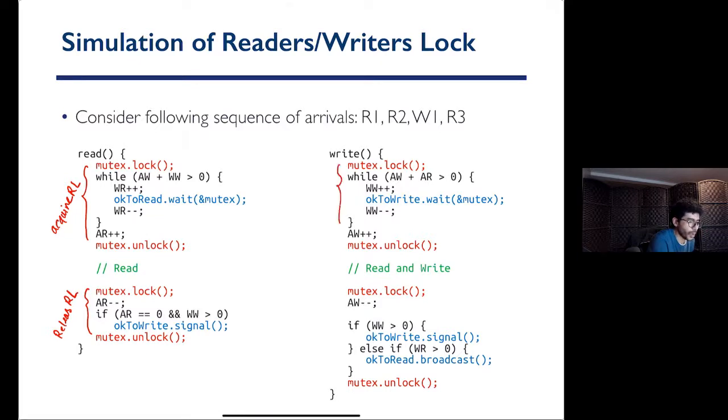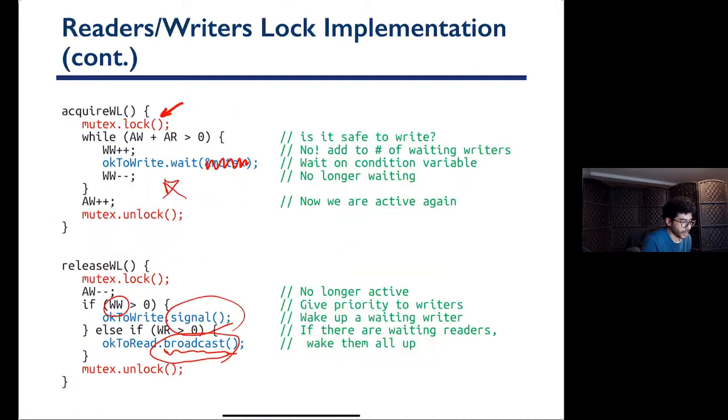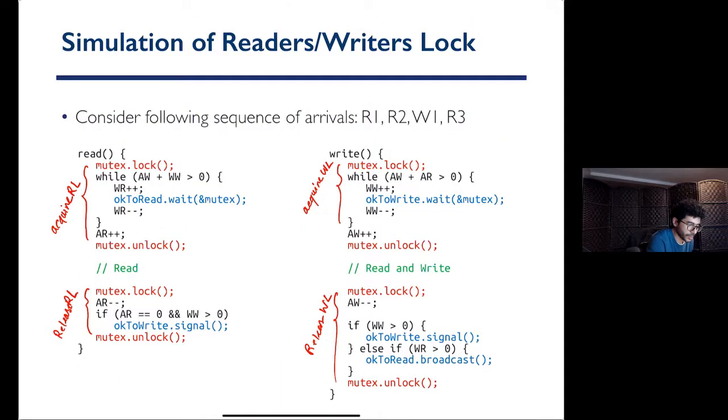This is acquire writer lock, and this is release writer lock. My dictation is the worst. Okay, so instead of using those functions, I put the code here. So this becomes the critical section.